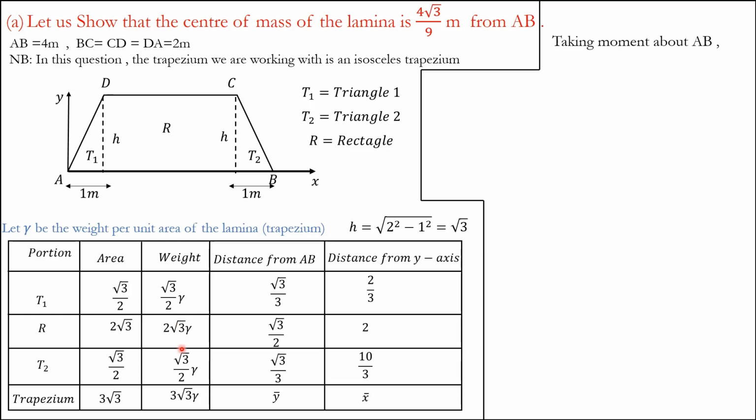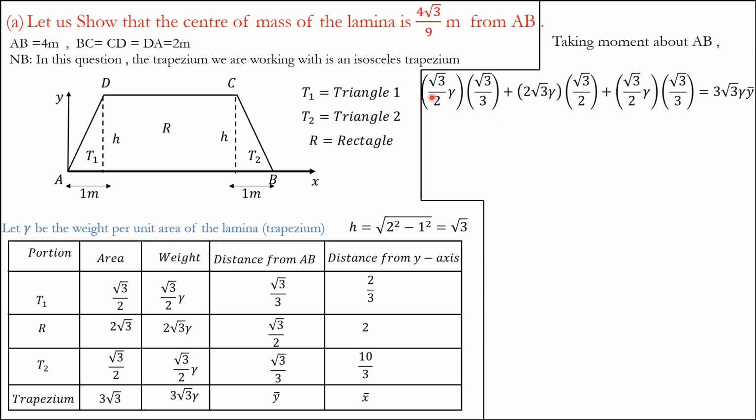Now, taking moment about AB, we are going to have the sum of the moments of the individual portions equal to the moment of the lamina about AB. That is, the weight of triangle 1 times the distance from AB, plus the weight of the rectangle times the distance from AB, then plus the weight of the triangle T2 times its distance from AB, equals the moment of the lamina.